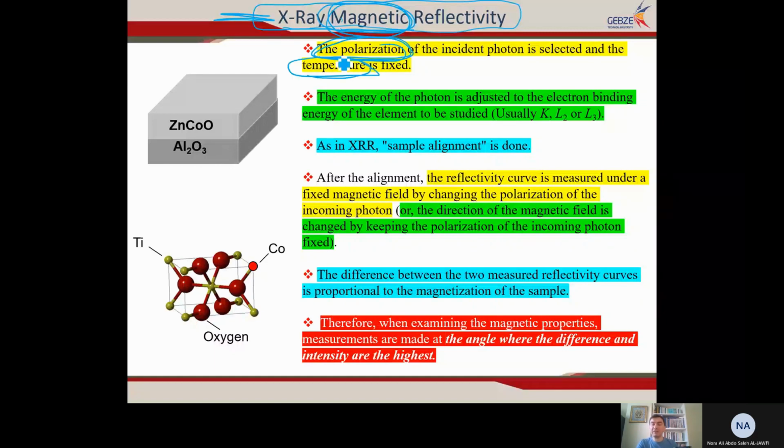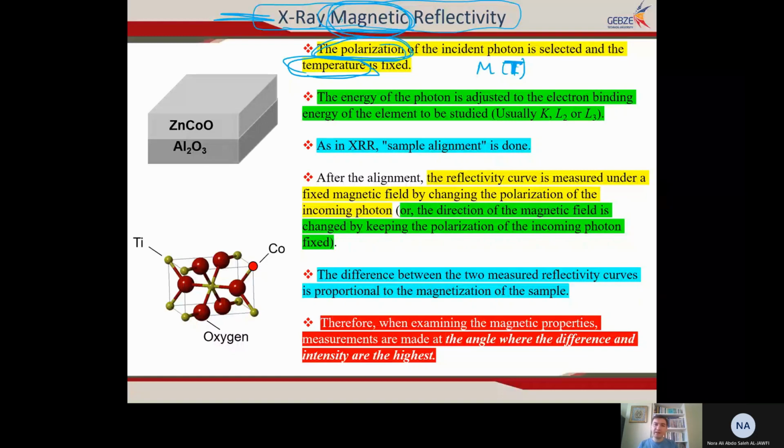If it fluctuates, your measurements will be affected because magnetization depends on the temperature, okay? For certain materials, even small fluctuations in the temperature can affect the magnetization. So if you are investigating the magnetization, you have to fix the temperature, okay?